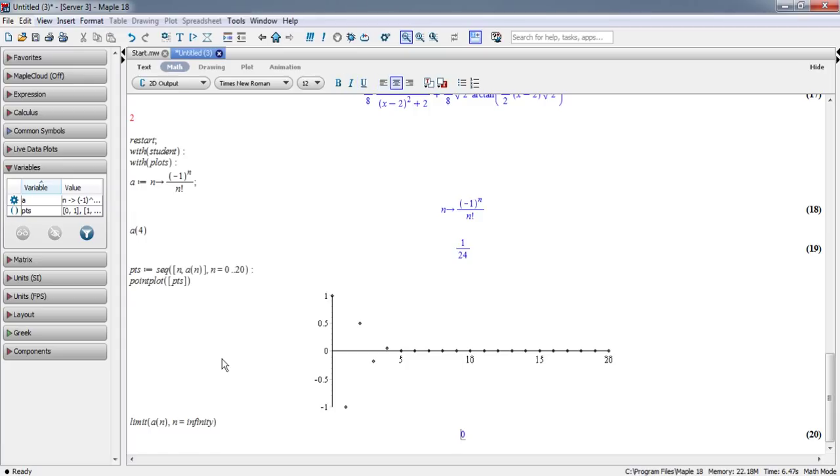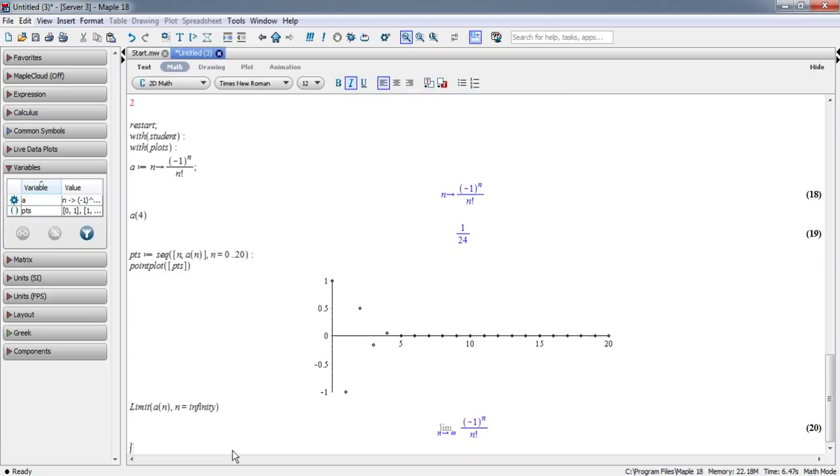Okay, and we get 0, right? Which is quite clear from the graph. The sequence is getting very, very small very quickly. The other thing we can do is, just like with the integration, if I put a capital L here, I can just show what the limit is looking like. Okay, and if we really want to be nice and fancy, we can put those side by side.